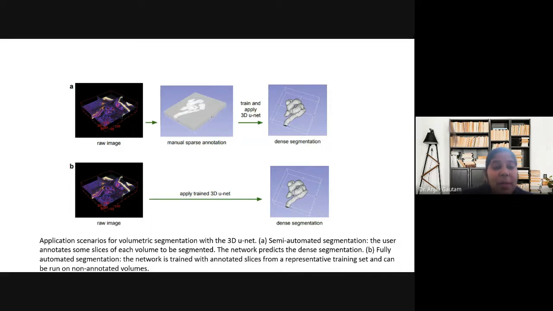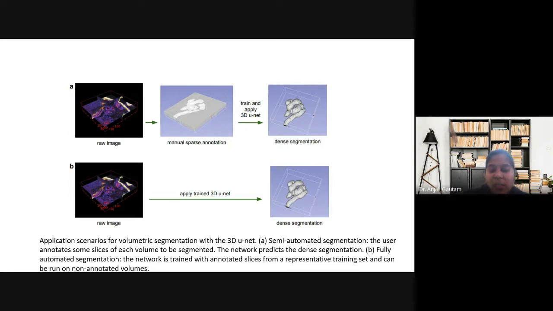So you can do this manually, and you can also do it automatically. In the automatic case you already have the trained model; with its help you just give the input image and perform the segmentation task.